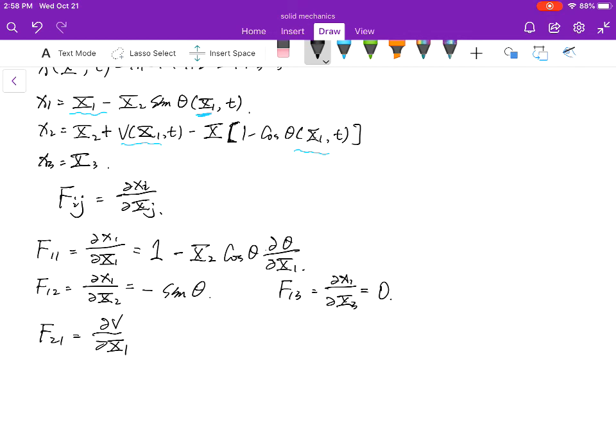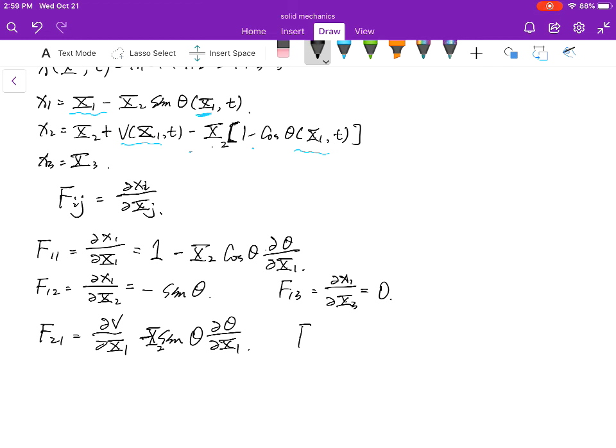Let's see, here we have minus the positive, but cosine theta becomes minus sine theta, so it's minus sine theta, and then partial theta over partial X1. And also we have this X2 here. Okay, that's it.